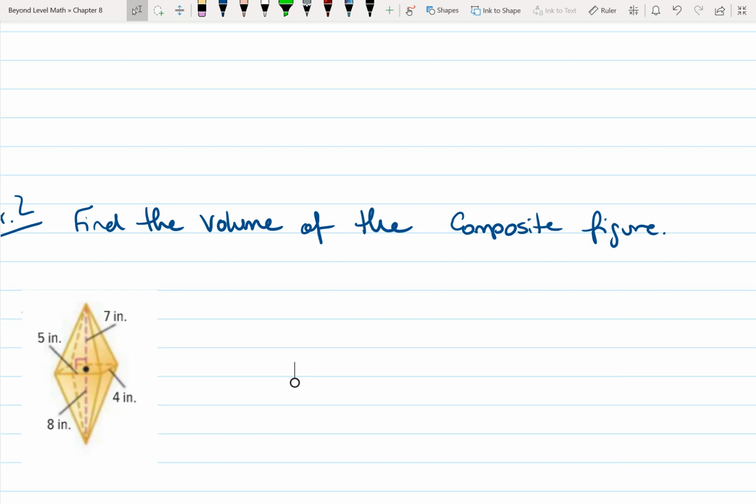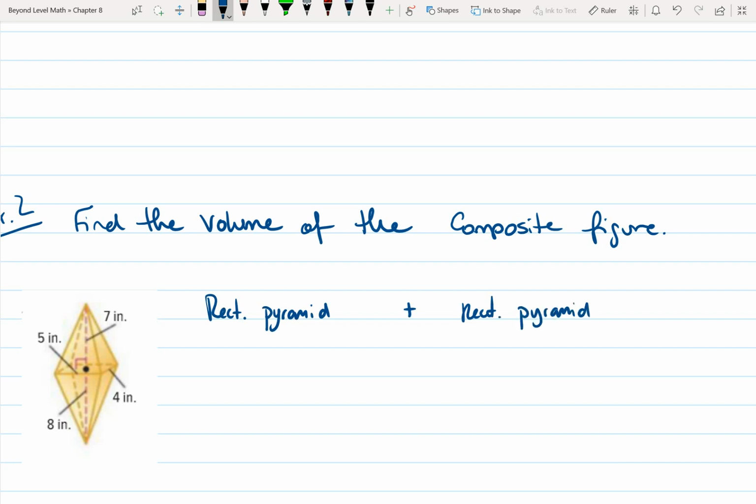So we need to figure out what two figures we're working with. We're working with two square or rectangular pyramids. So we're going to add rectangular pyramid to another rectangular pyramid.